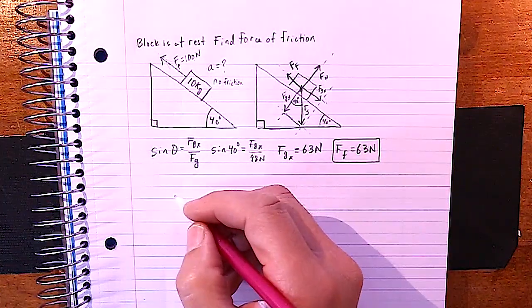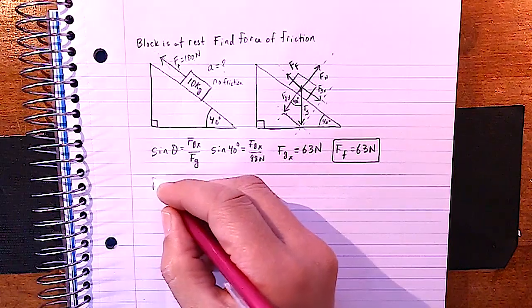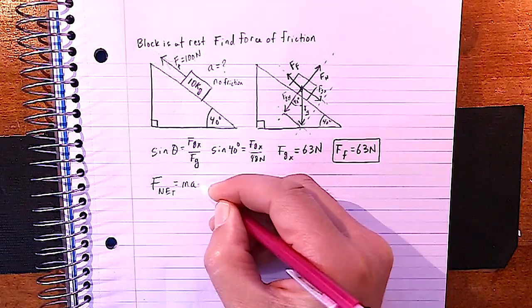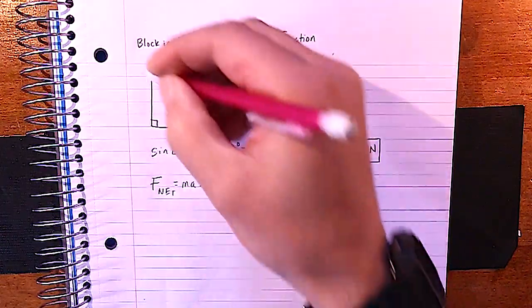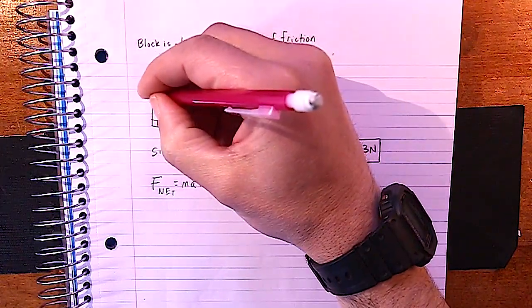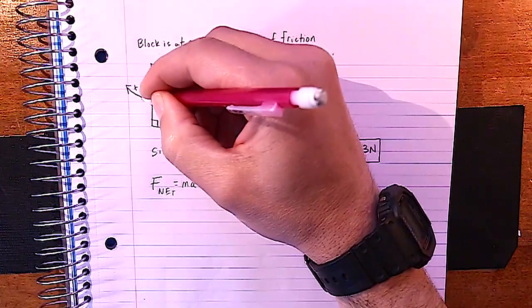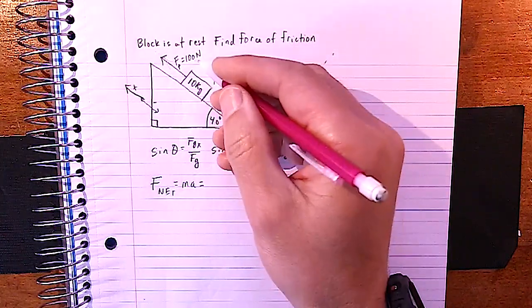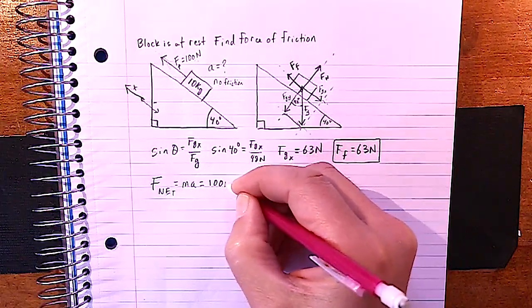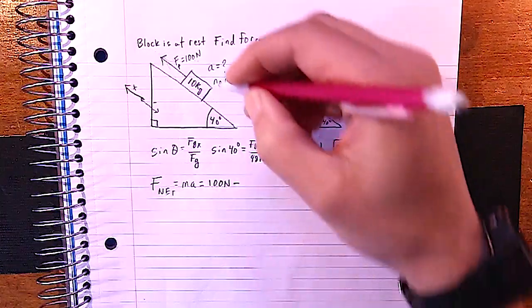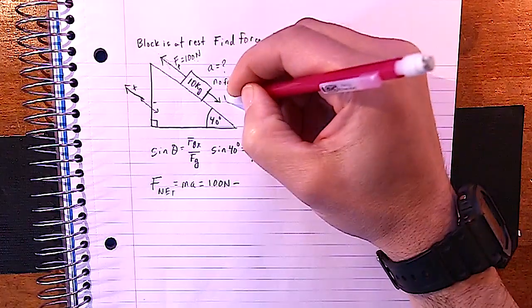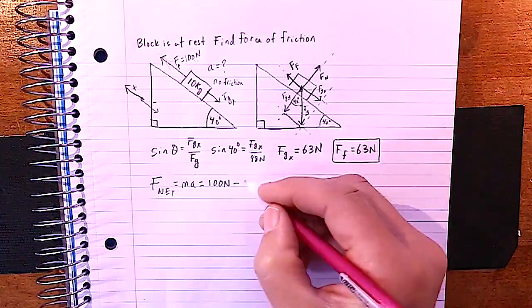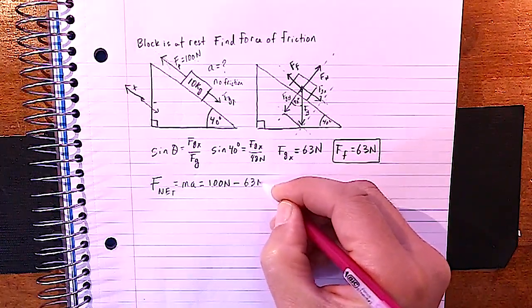So let's go ahead and write our Fnet equation. This is going to be Fnet equals ma equals, and I'm going to call up the plane to be positive because that's the direction of the acceleration. So up the plane is positive, so we have a positive 100 newtons. And then we're going to subtract the component, the Fgx. Well, we already found Fgx in the last problem, so that's 63 newtons.